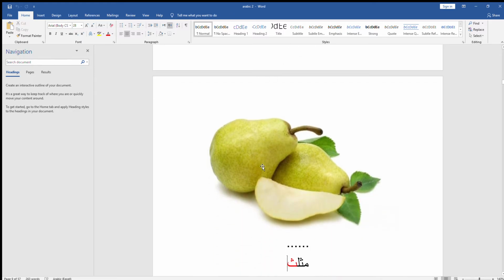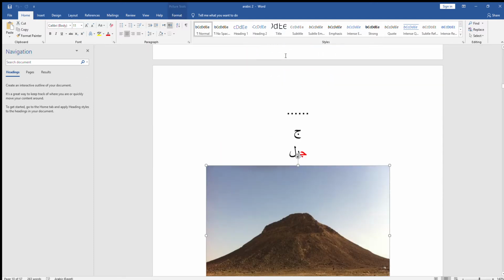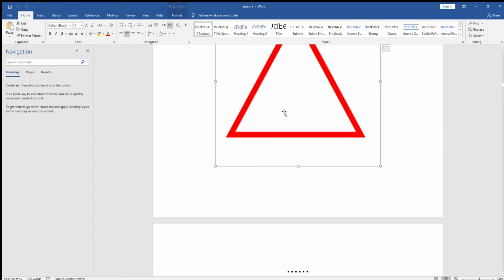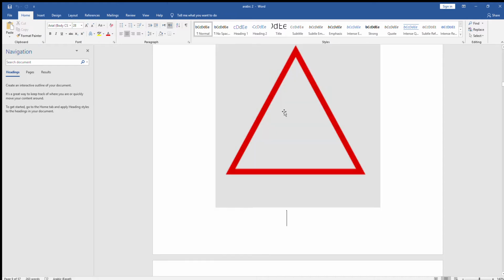These are كمثرى. At the end of the word, like this: مثلث. This is مثلث. In dialect talking, we say مثلث, but in standard Arabic, مثلث.